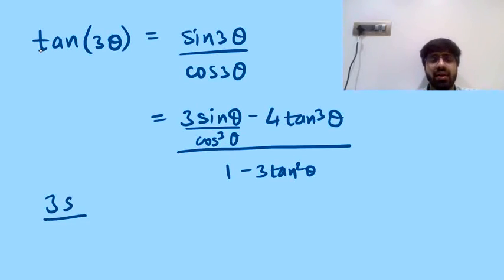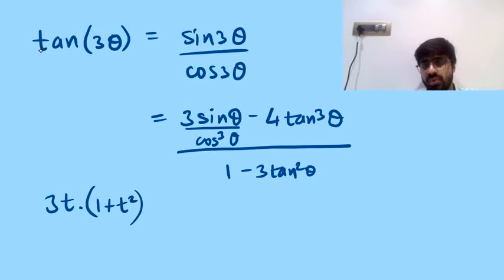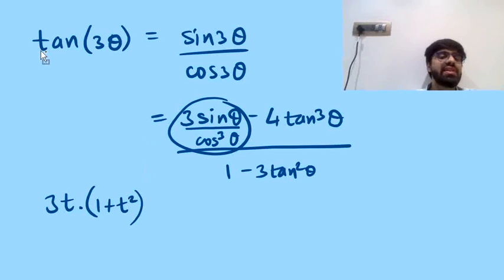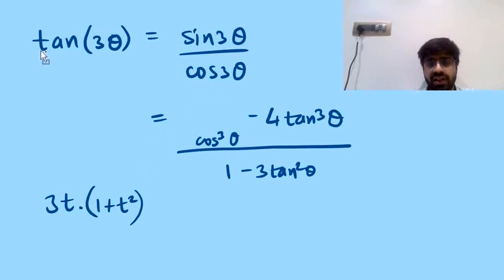So 3 sin theta upon, you can write cos cube theta as cos theta into cos square theta. Sin theta upon cos theta will be tan theta, and 1 upon cos square theta can be written as sec square theta in the numerator, and sec square theta can be written as 1 plus tan square theta in the numerator. So the entire first term here is basically 3 tan theta into 1 plus tan square theta.